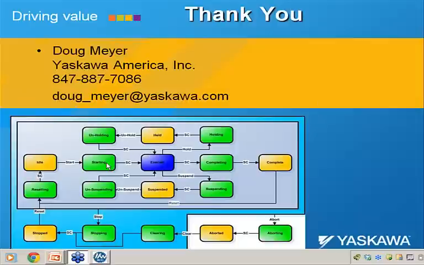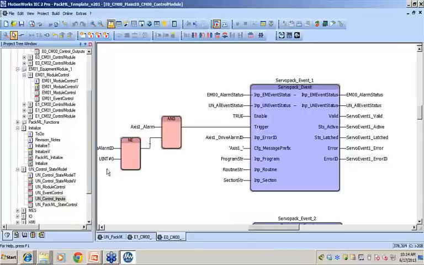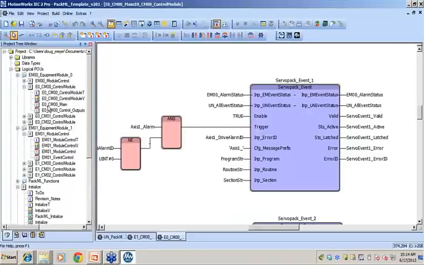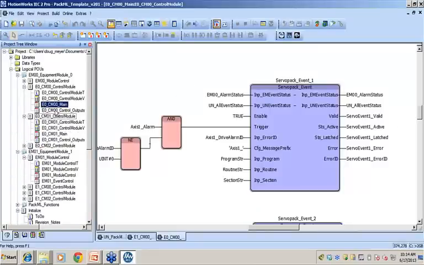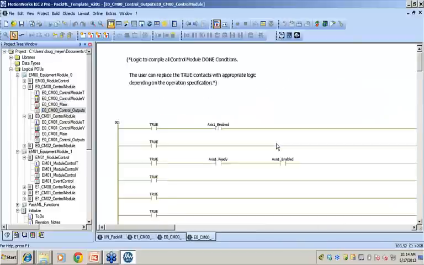Let me go back to one of these control modules here. So say we have our main code. Included with each control module is a worksheet called control outputs. And this is the logic for deciding when that state is complete.